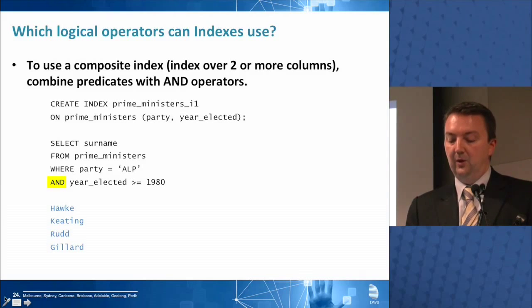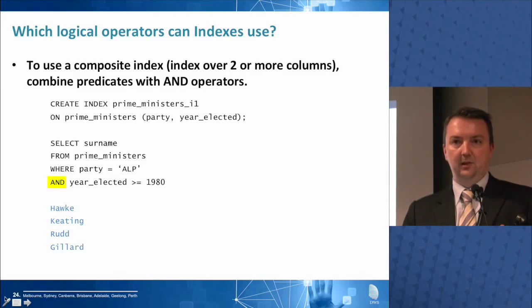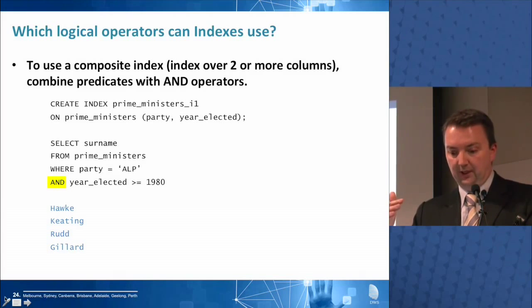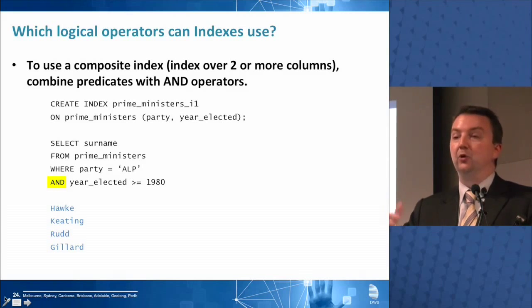If you had where party equals 'ALP' or year elected is greater than or equal to 1980, it's certainly not going to use it in the sense of being a concatenated index. At the very best, what it might do is say, well, party equals ALP or year elected is greater than or equal to 1980, okay, I'll do two scans.